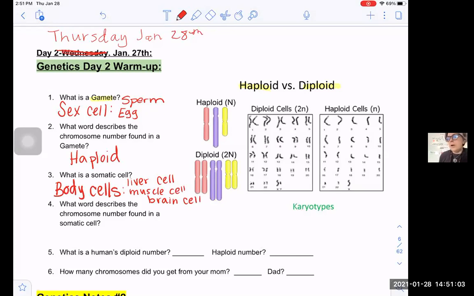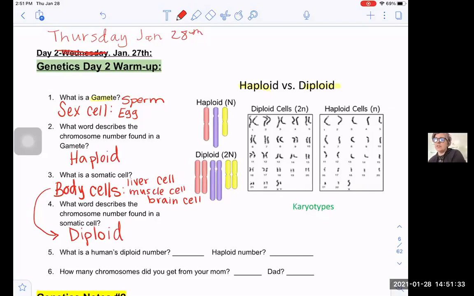And then what word do we use to describe the number of chromosomes in our somatic cells? Diploid. Diploid, yep. All right. Who remembers the magic human diploid number? 46. 46, yep.